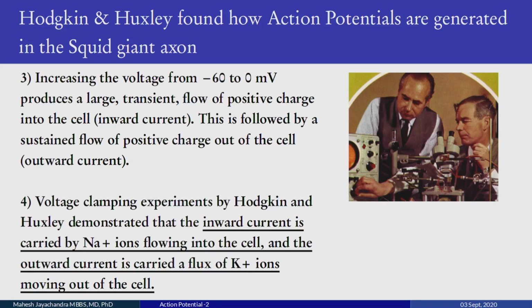It's called inward current. This is followed by a sustained flow of positive charges out of the cell, and it's called outward current. So voltage clamping experiments by Hodgkin and Huxley demonstrated that the inward current is due to sodium ions flowing into the cell, and the outward current is caused by potassium ions moving out of the cell.